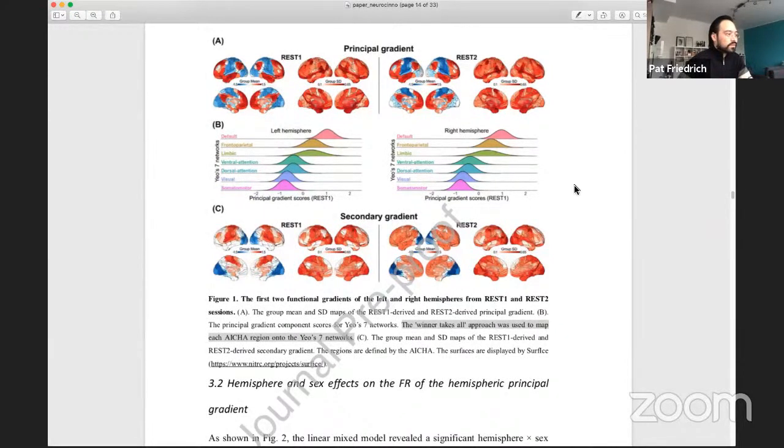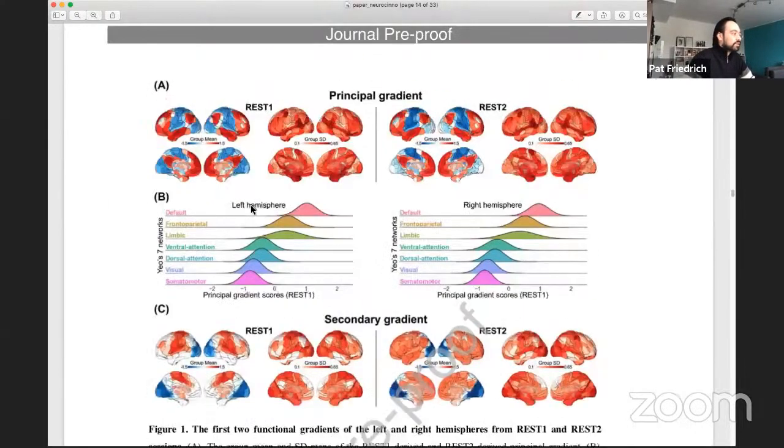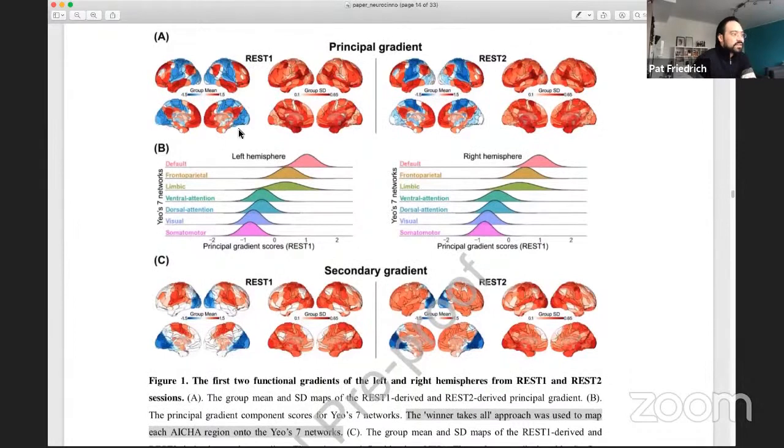You can use diffusion embedding for doing that, and you can embed as many gradients as makes sense. Typically, we're talking about the first 2 gradients or even only the first, the principal gradient, because it explains most of the variance. Now, when you do the same, not for the entire brain, but for each hemisphere separately, you get these images here on the left. They did it in 700-something participants, only right-handed participants, with good contrasts from the HCP data set.